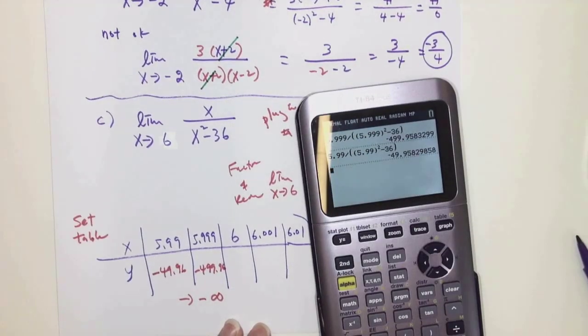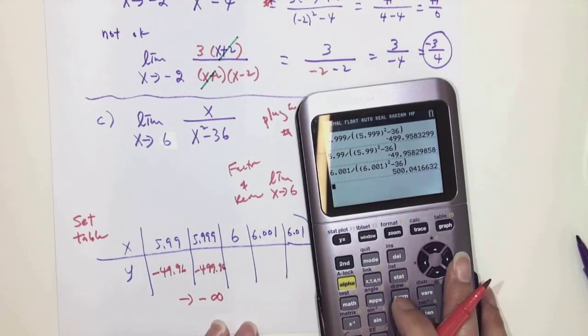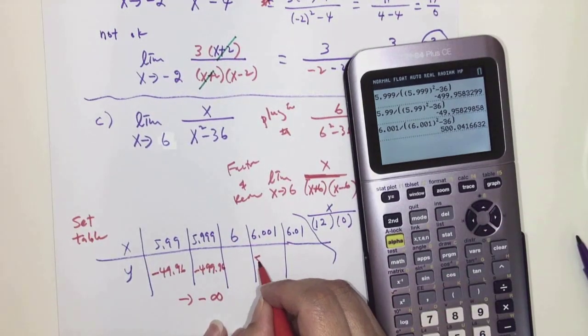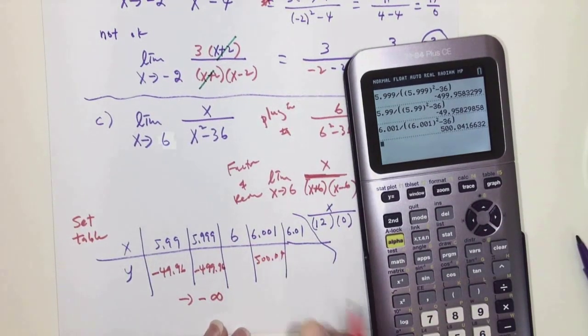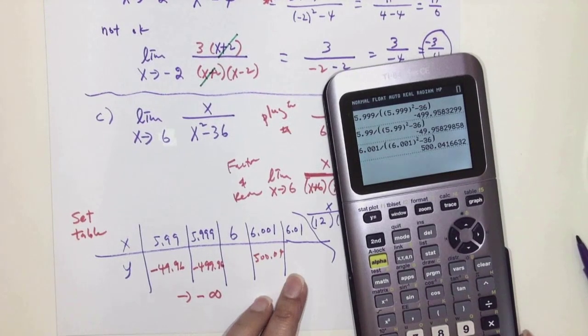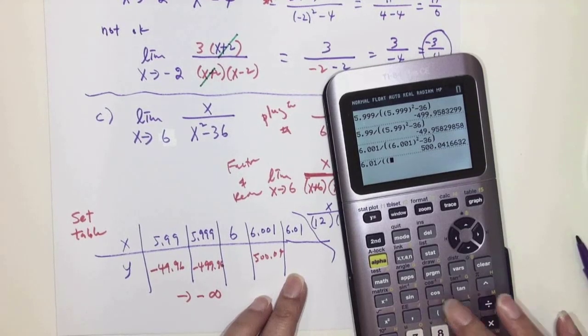And if I put 6.001 divided by parenthesis 6.001 squared, subtracting 36, close it. I got 500.04 positive. And then the one next to it is going to be 6.01 divided by parentheses 6.01 squared, subtracting 36, close it.